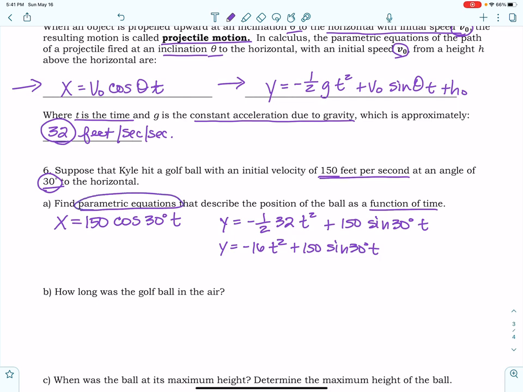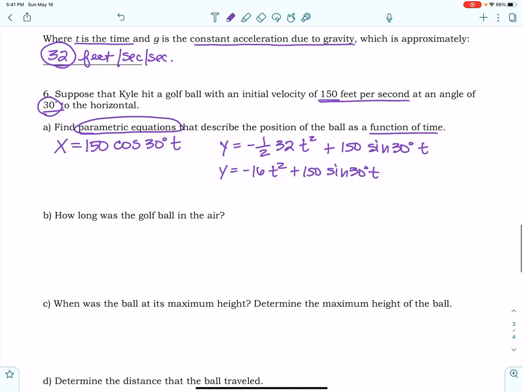Okay, B, how long was the golf ball in the air? Okay, well keep in mind, let's think about this. If I've got the XY coordinate plane and this right here is where Kyle hits the golf ball and it does this, right? Okay, so this is Y, this is X. X is the distance it goes, okay? And the height of the golf ball is this right here.